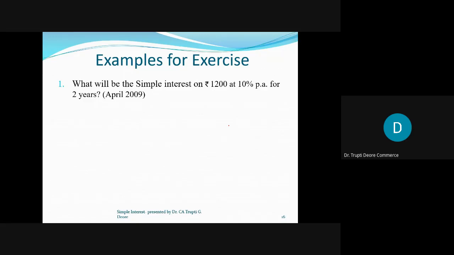It's a simple one, so you can just let me know the answer. Pradyumna, no ma'am, the answer is 240. Yes, 240 rupees. Therefore simple interest is rupees 240.